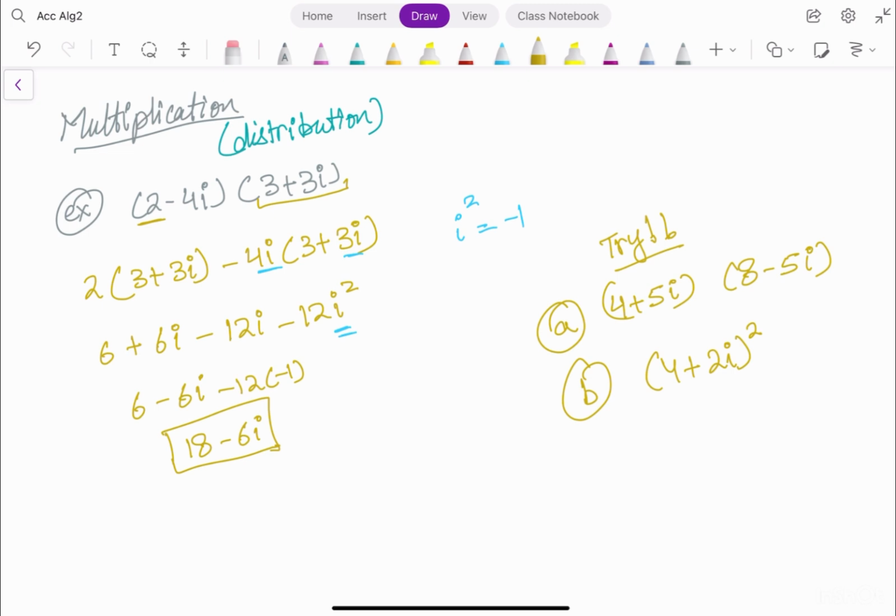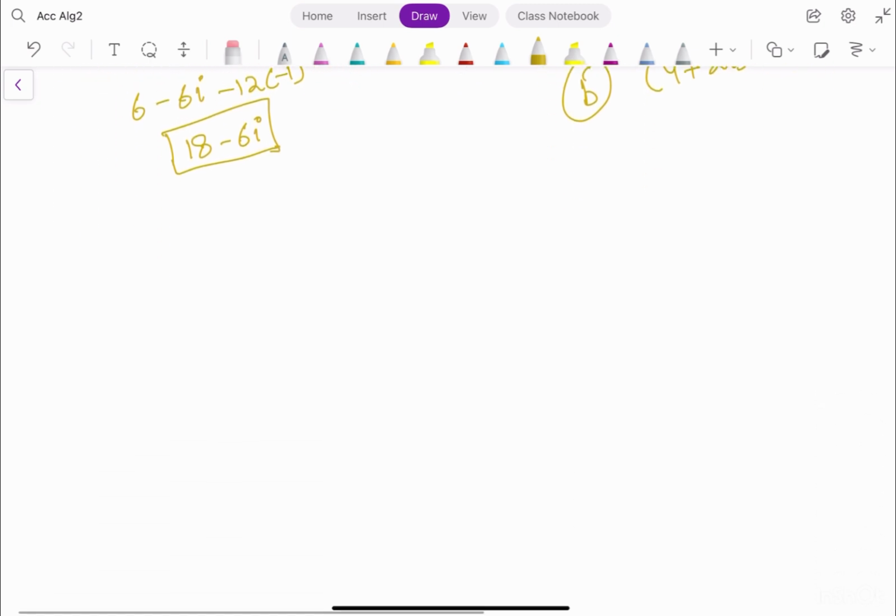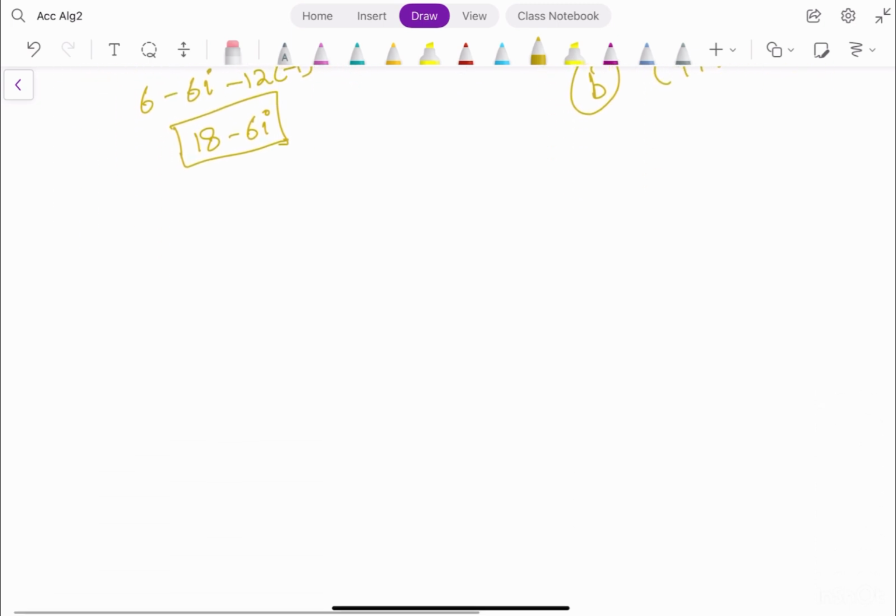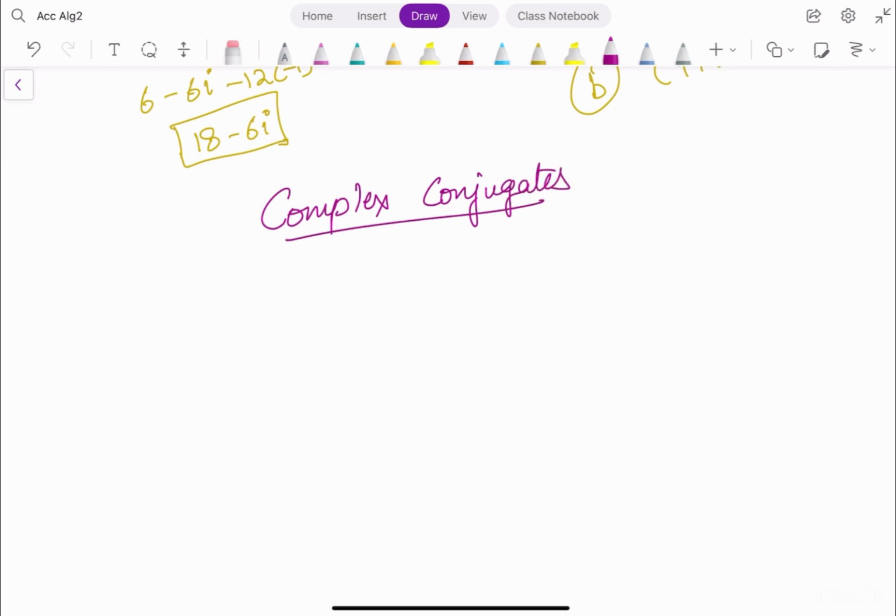Alright? Okay. Let's continue. So another thing in this chapter is called complex conjugates. As you know from algebra 1, what is a conjugate? For a conjugate, we only change the sign between the two terms, right? If we have a plus b, the conjugate will become a minus b.